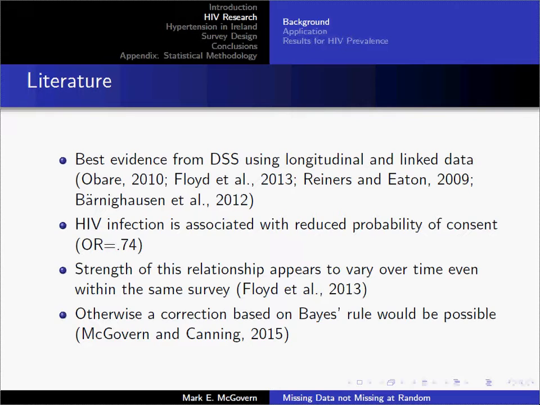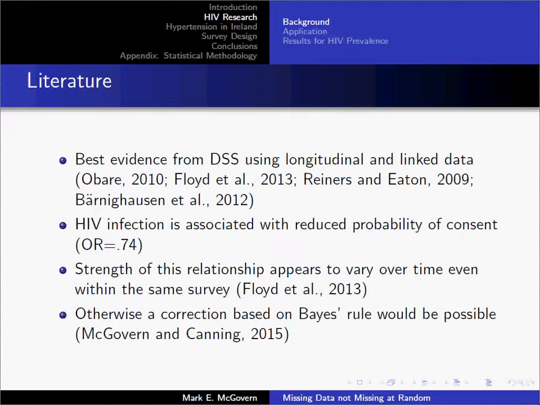Now, if we knew that this was constant, so if it was just 25%, we could use Bayes' rule and back out a correction for this problem. The issue is that it seems to vary depending on the context and also even within the same survey over time. So I think we're not confident enough to just apply a uniform correction to this problem.